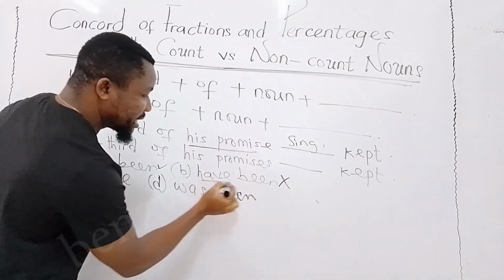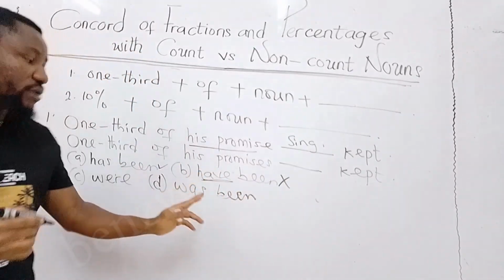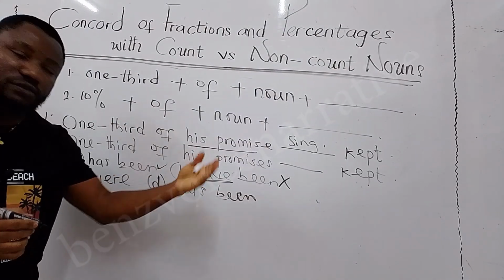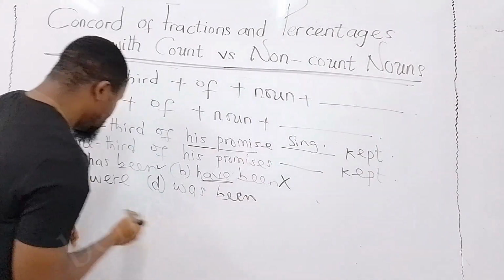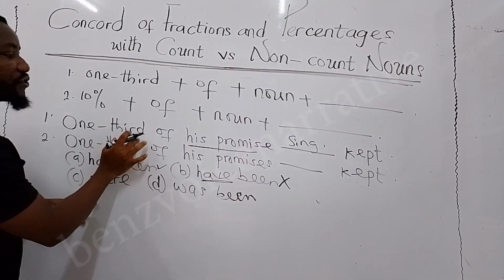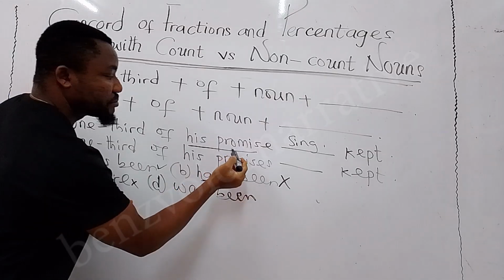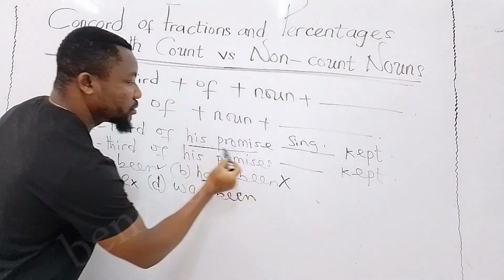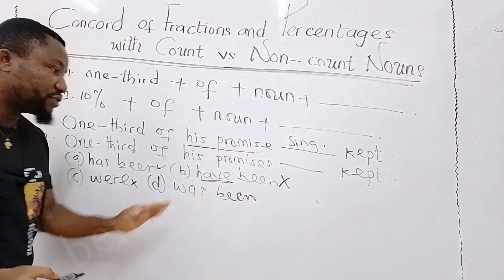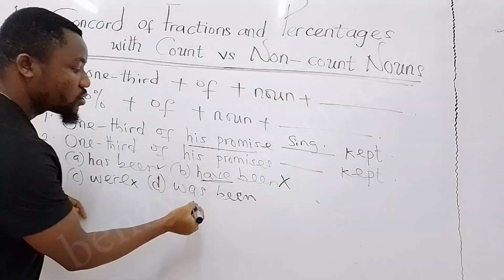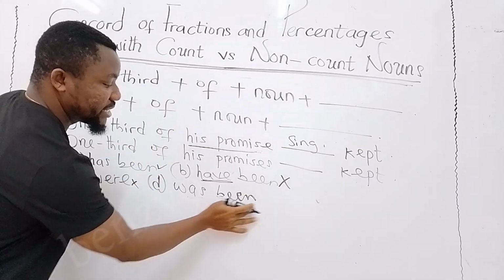This is wrong because of the presence of this lexical have. Have is a plural verb. So have been kept is wrong. 1/3 of his promise were kept is wrong because of the nature of this count noun. This is a singular count noun, so you have a singular verb. Was is correct, but this is wrong.